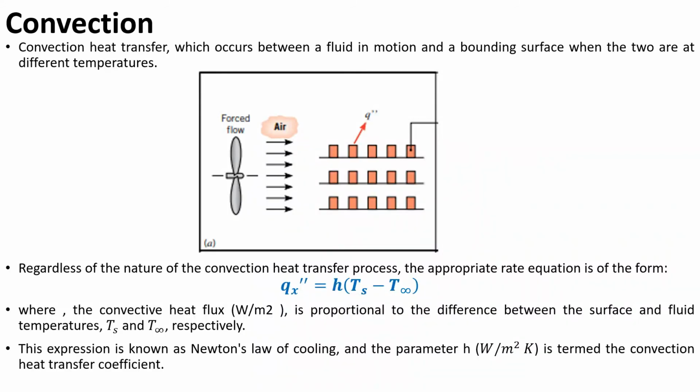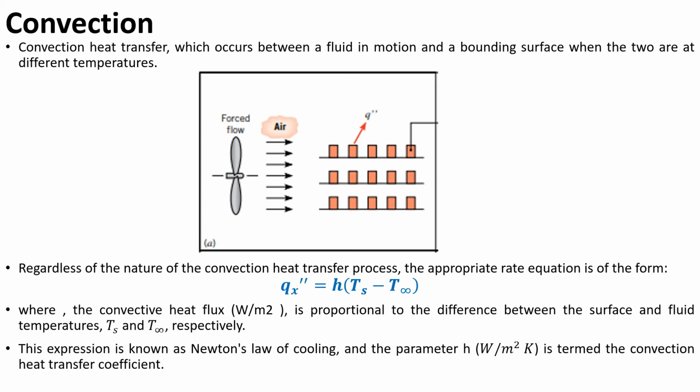As we have learned from the video, convection heat transfer occurs between a fluid in motion and a bounding surface when the two are at different temperatures. Consider we have cold air passing through these blocks which are at a higher temperature than the air.